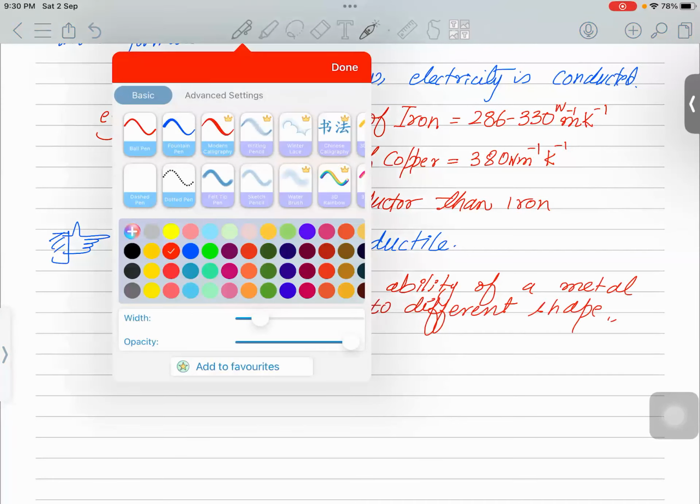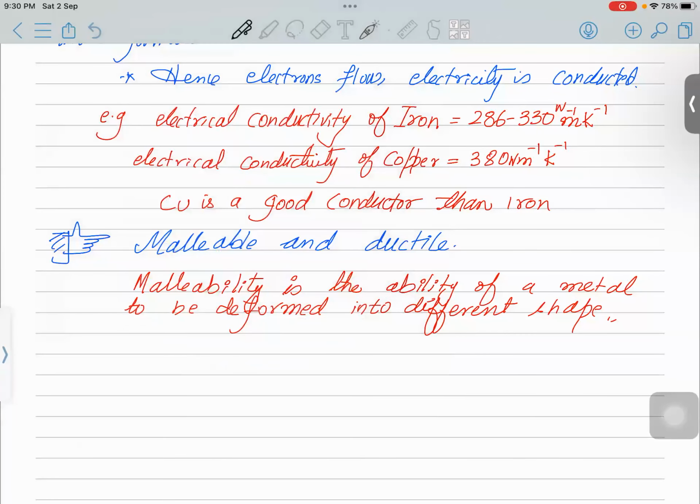For example, this is a gold bar. We can convert this gold into this bar.